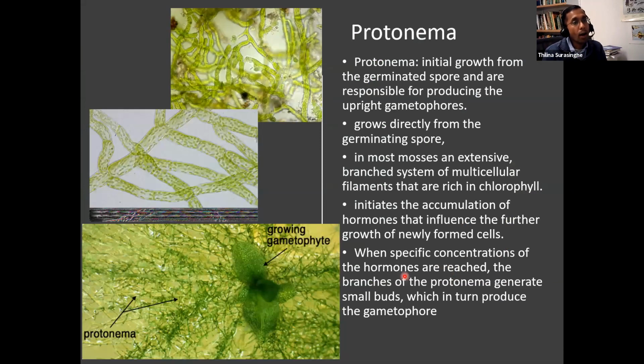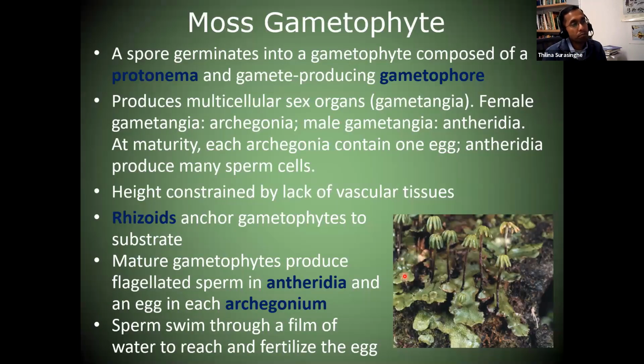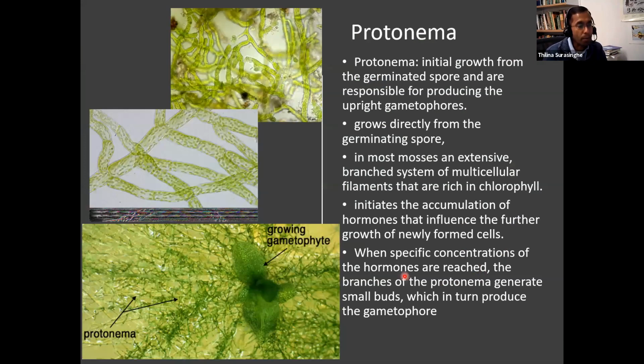All right. I mentioned two terms, gametophore and protonema. Let's tackle protonema first. Protonema is the initial growth from the spore. When the spores are produced by the sporophytes and released by the sporangium, those spores will start germinating.